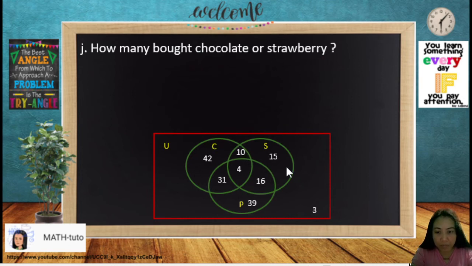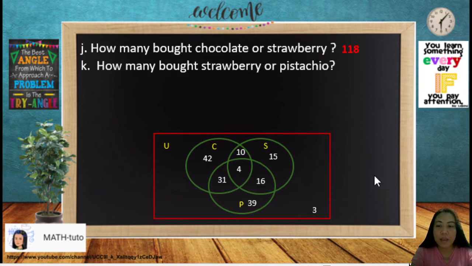We will add everything here. 42 plus 31 plus 10 plus 4 plus 16 plus 15. That is 118. Next, how many bought strawberry or pistachio? So, union of strawberry and pistachio, that is 10 plus 15 plus 4 plus 16 plus 31 plus 39. That is 115.